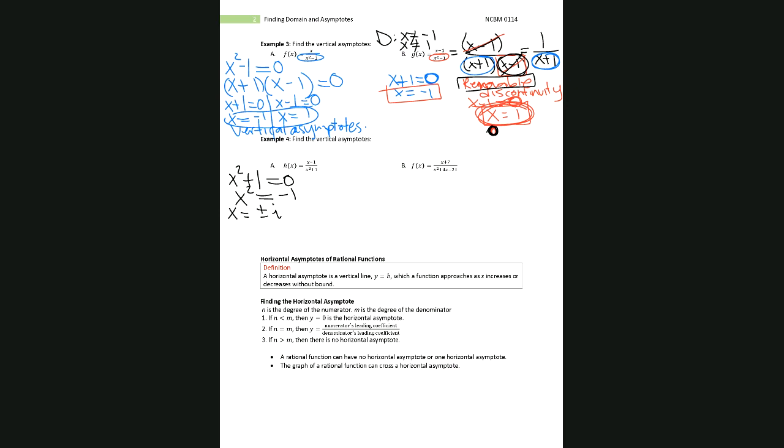However, if you put this in the calculator, like taking the square root here and here, we will get x, and then the calculator will say no real solution or error. And what that means is that there are no vertical asymptotes.